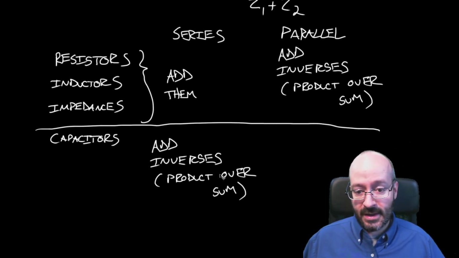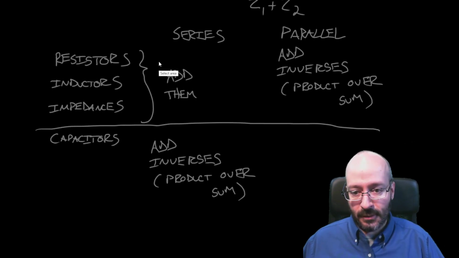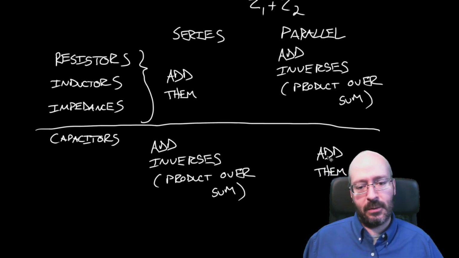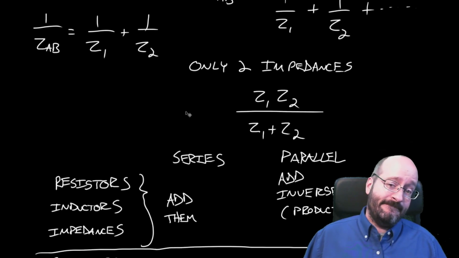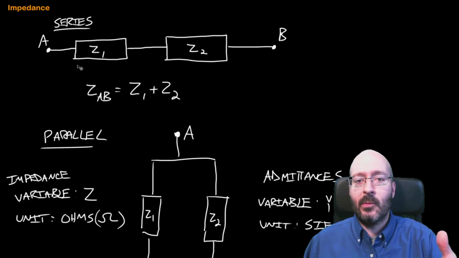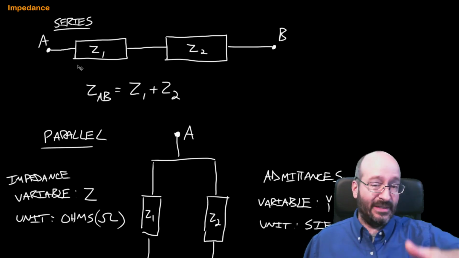So we're going to add the inverses when capacitors are in series, and we're going to just add capacitors when they're in parallel. So they're backwards, right? Just flip those columns around. And that's it. Okay, so we can reduce circuits the same way we did, whether they're impedances or resistors.